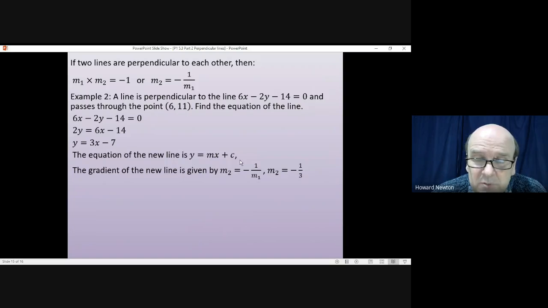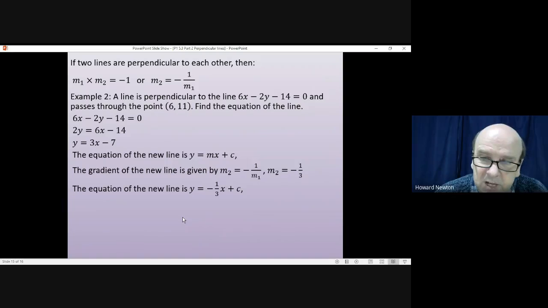We can now substitute that into y equals mx plus c. And that will give us y equals minus a third x plus c. The method for finding out c is nearly always the same. You use a point that you know on the line. And in this case, we know the point 6, 11 is on the line. So we substitute x equals 6, y equals 11 into the equation.